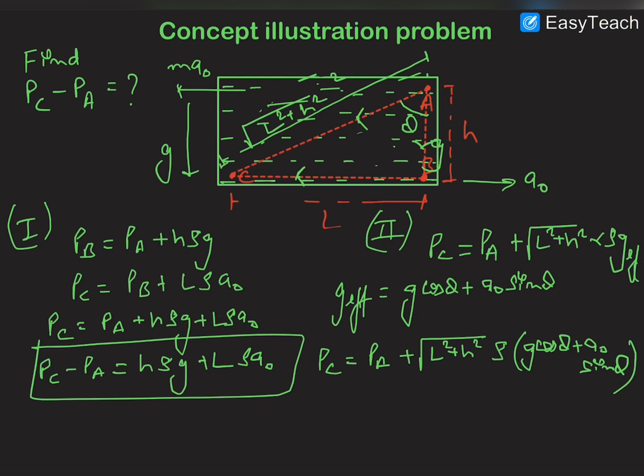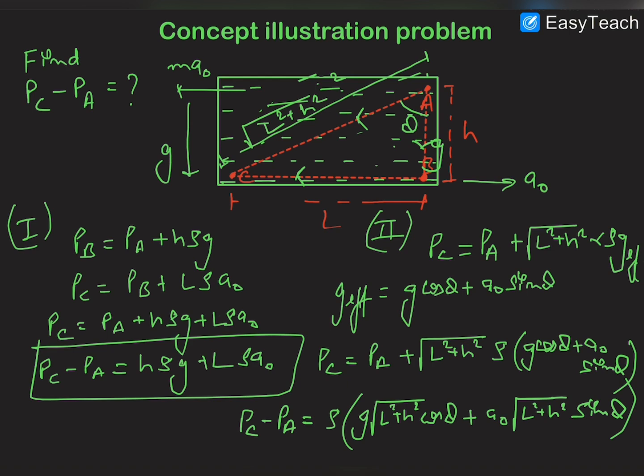And PC minus PA will be equal to rho g under root of L square plus H square cos theta plus rho a naught under root of L square plus H square sin theta.